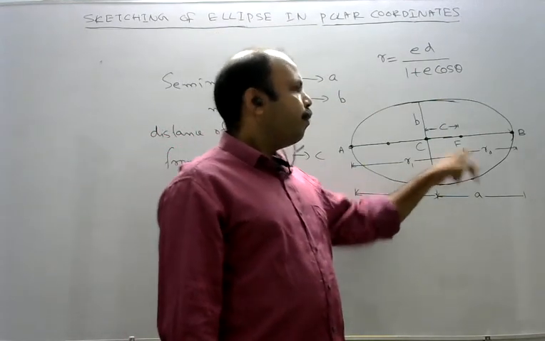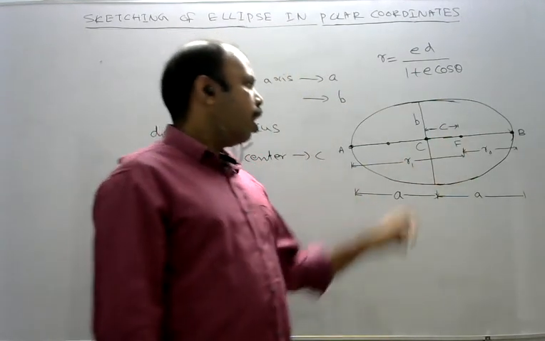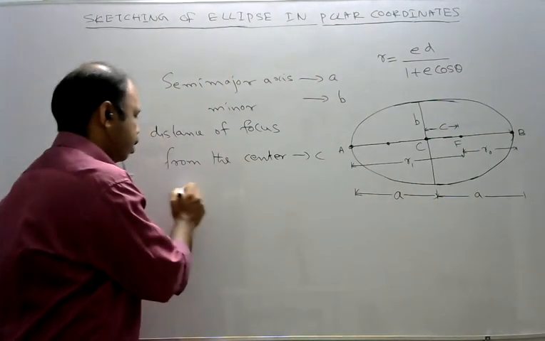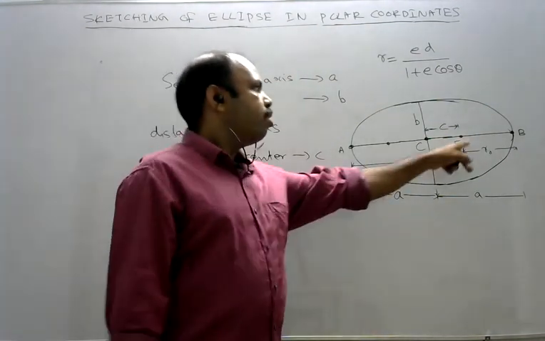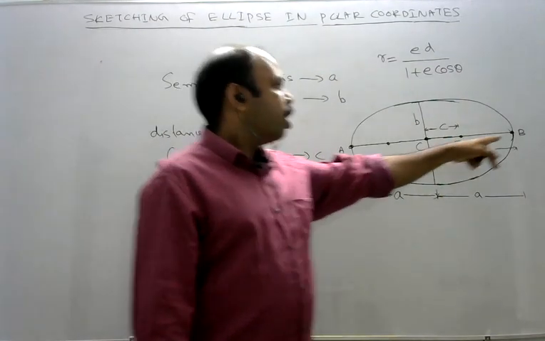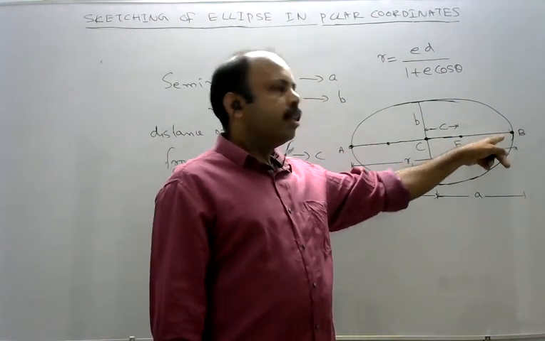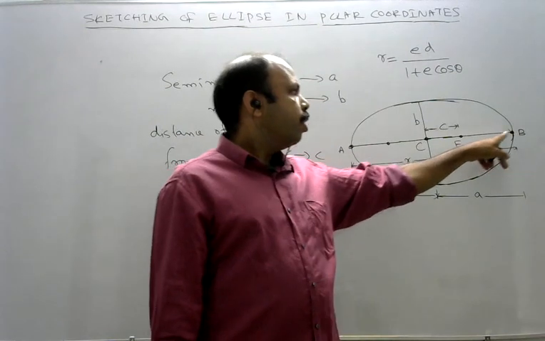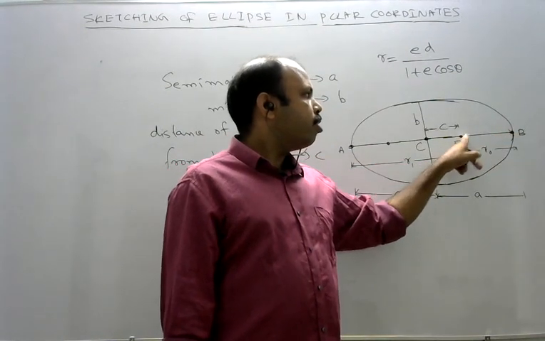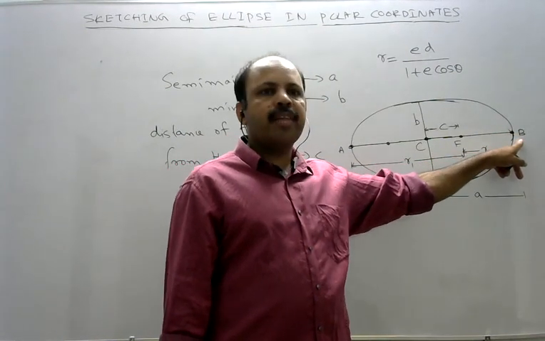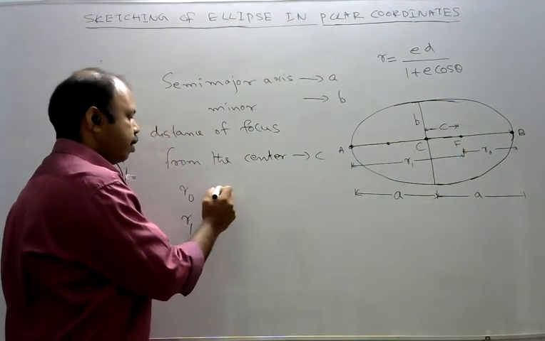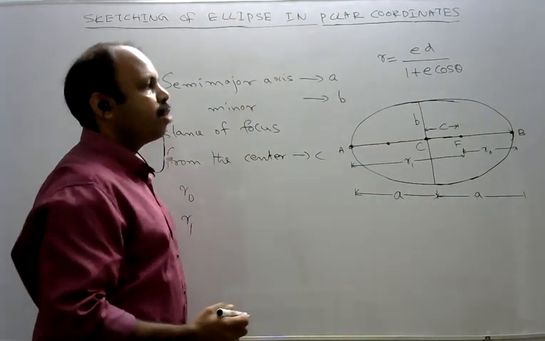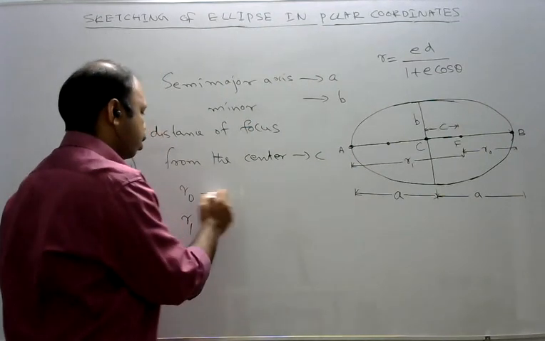Now, we introduce two numbers, R0 and R1. Consider the focus. Here, we can find that there are two vertices. First one, B. B is the closest vertex to the focus. The distance from the focus to the closest vertex is denoted by R0.